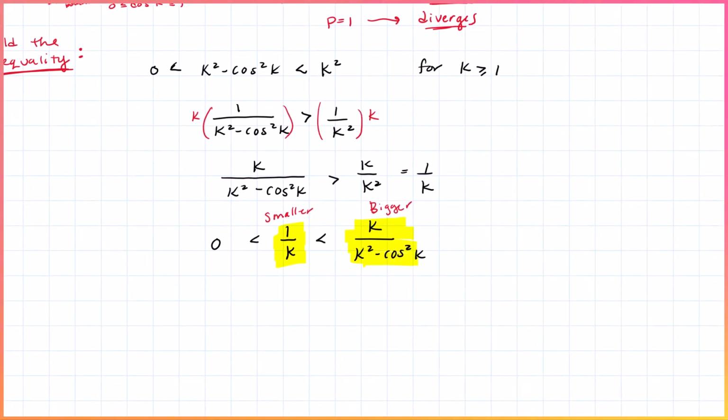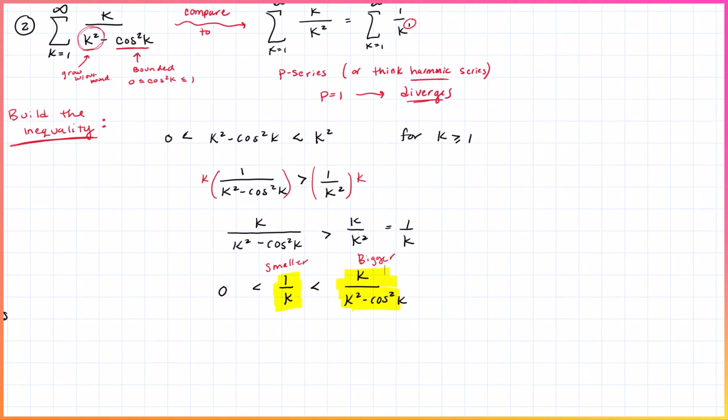So we have everything we need. We're just going to summarize it now in a summary statement. Therefore, the series that I'm looking at, k over k squared minus cosine squared of k from k equals 1 to infinity, diverges. Let's say it that way. It diverges by the direct comparison test.